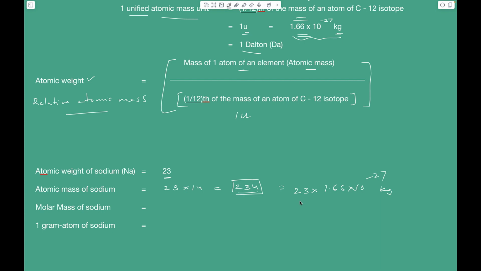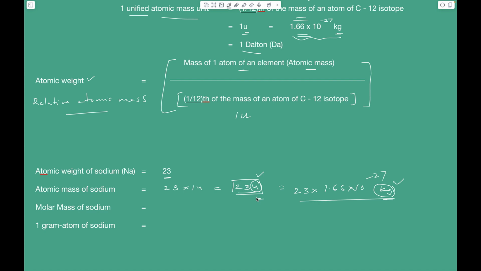This is the atomic mass of sodium in kilograms, and this is the atomic mass of sodium in unified atomic mass units. This u and this kg both are units of mass, but the difference is kilogram is an SI unit of mass, whereas unified atomic mass unit is a non-SI unit of mass.